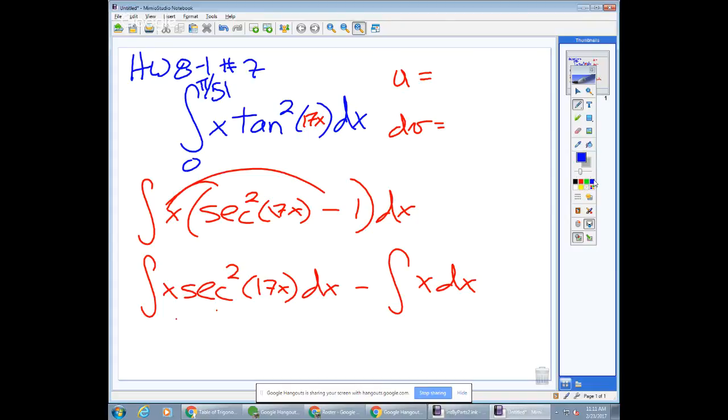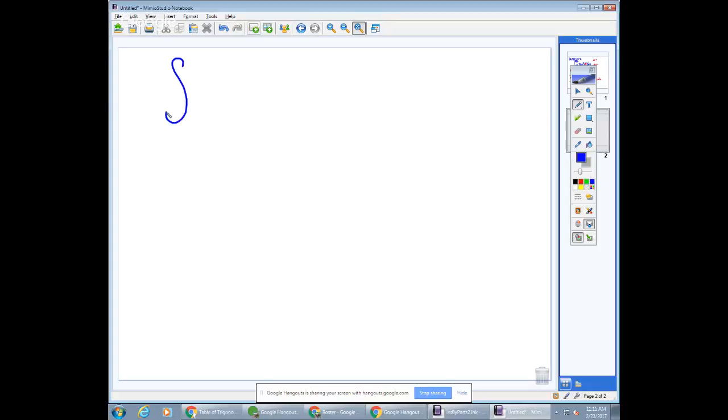Switch colors. So now I want to consider what's the integral of x secant squared of 17x dx.